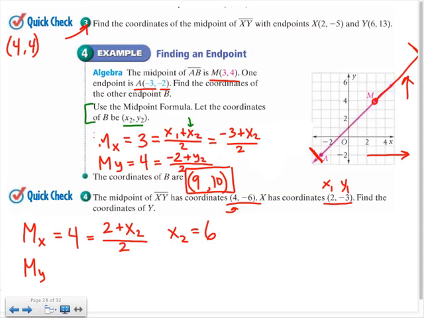Now I'll do the same thing for the y-coordinates. I know that the midpoint for the y-coordinates is equal to -6. Again, that's given to me. I also know that that -6 represents the average of the two y-coordinates. The first y-coordinate is -3.